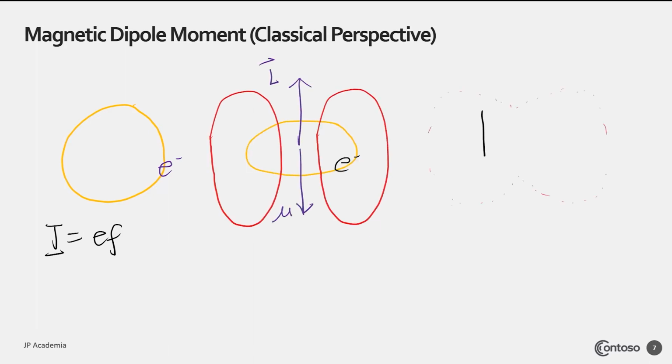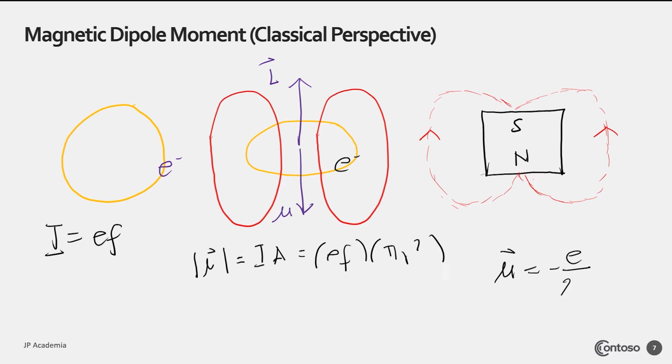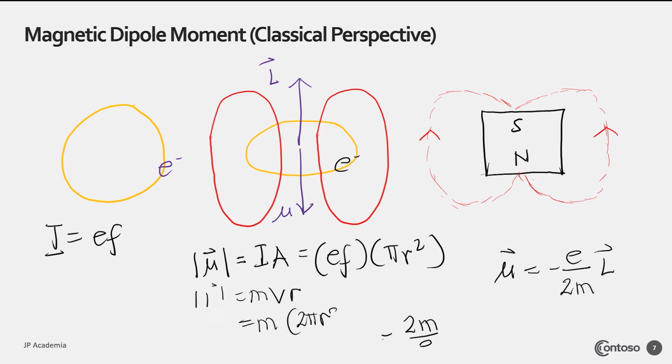Same with the Bohr magneton, we can define a magnetic dipole moment mu according to this moving electron with the magnitude equal to I times A, wherein I here is similar to this one, so this will be equal to ef times the area of our circle, and therefore we can define the magnitude of this orbital angular momentum.